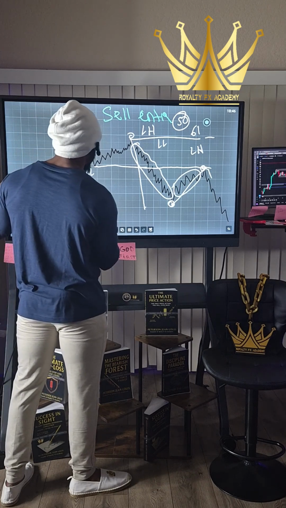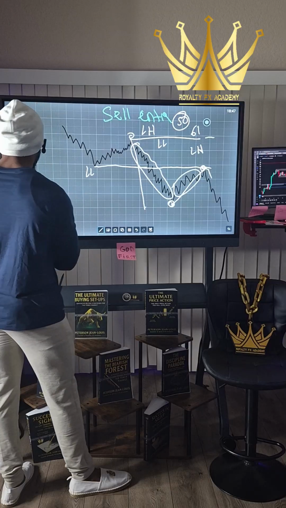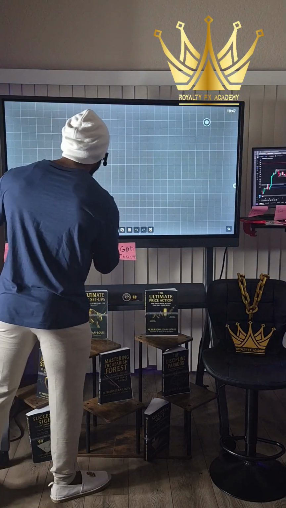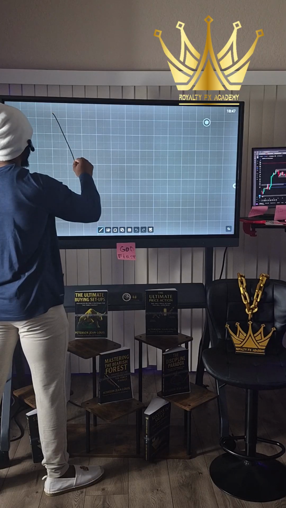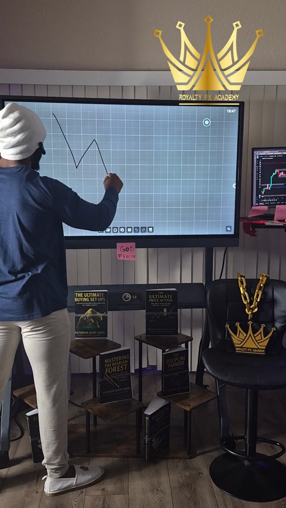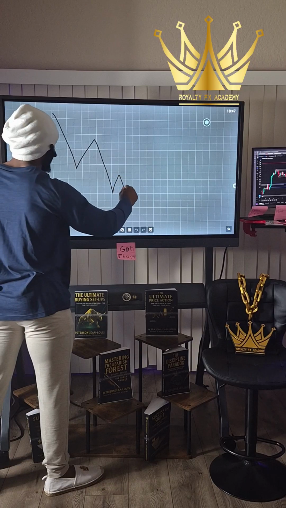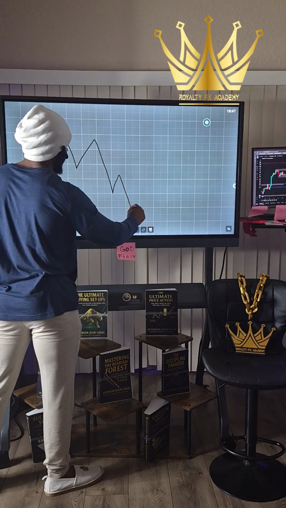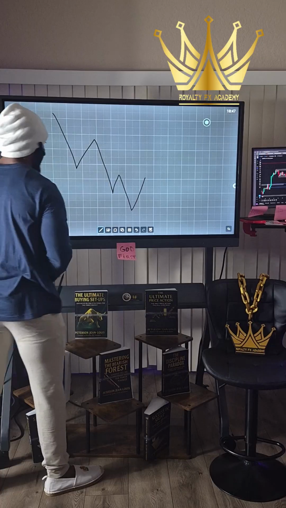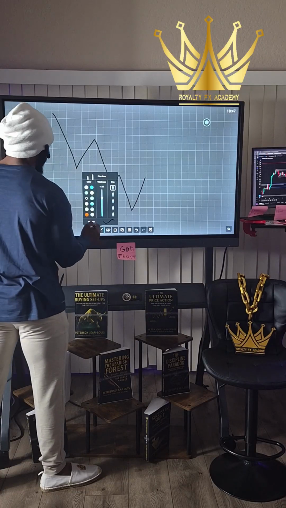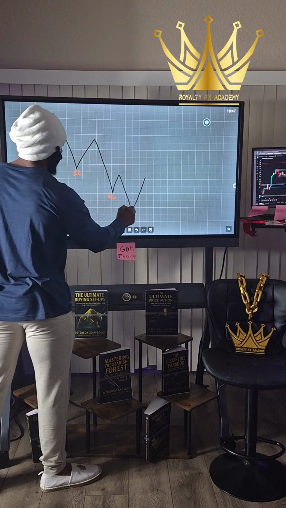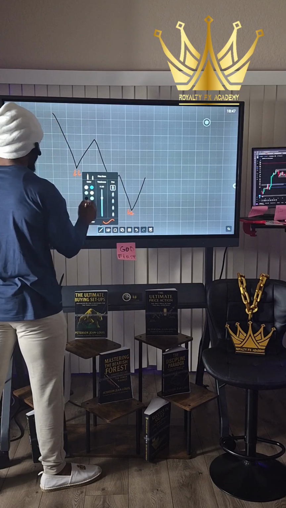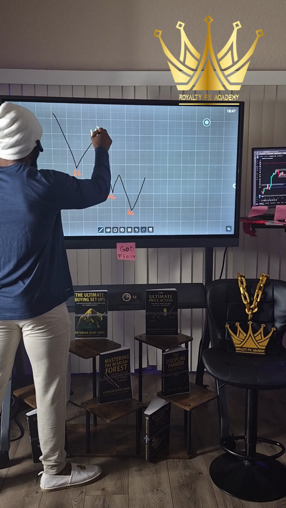Okay. So in the downtrend market, you'll get double tops. Now, notice that again, like before, the market is giving you lower lows and lower highs.